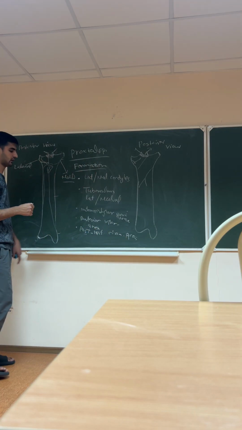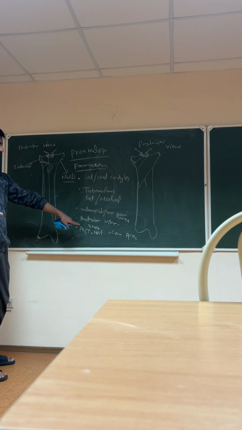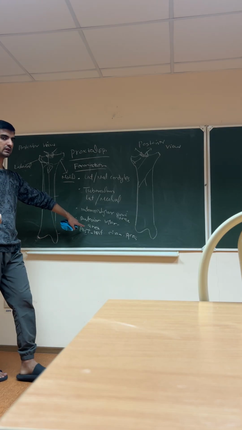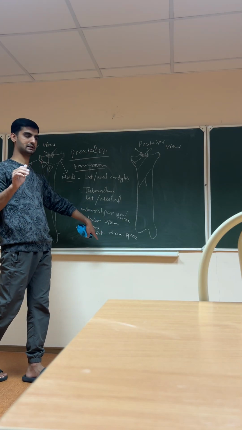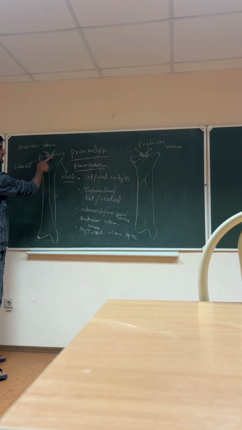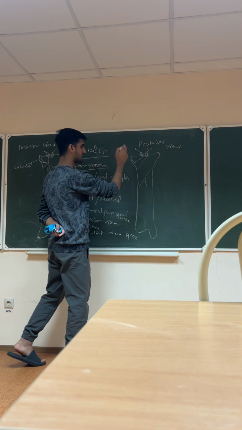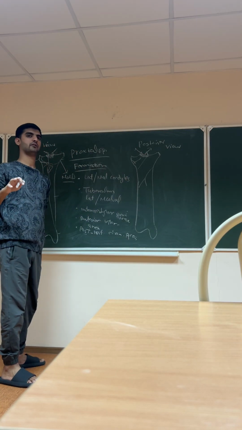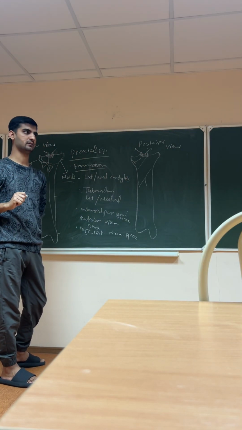In Latin, it is area intercondylaris anterior and posterior. This is all the information about the proximal part of the tibia, os tibia.